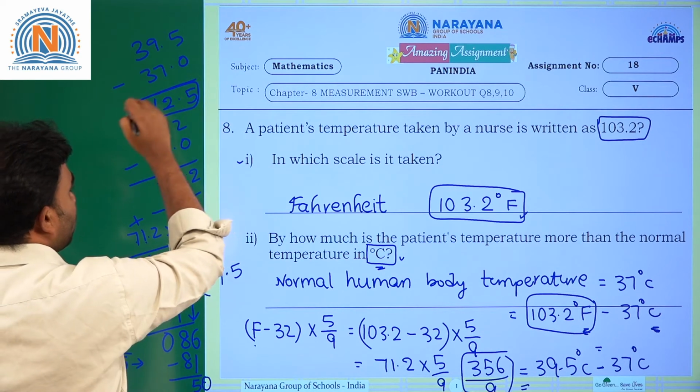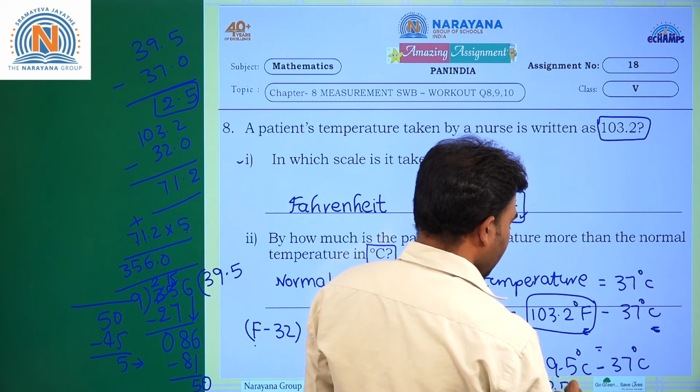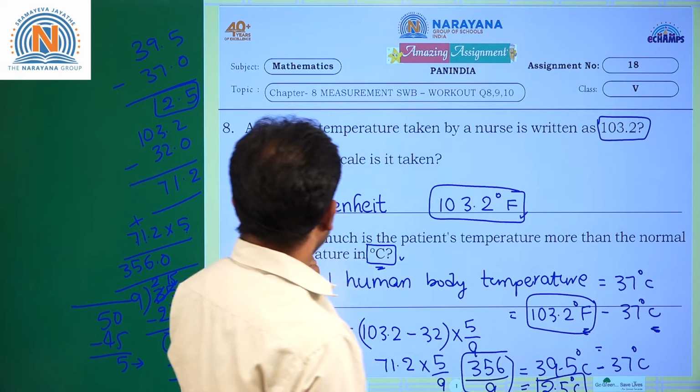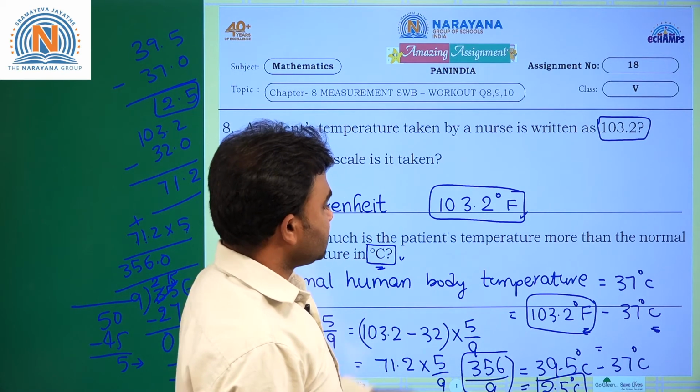So the answer is 2.5, that is 2.5 degree Celsius. So 2.5 degree Celsius more temperature is there.